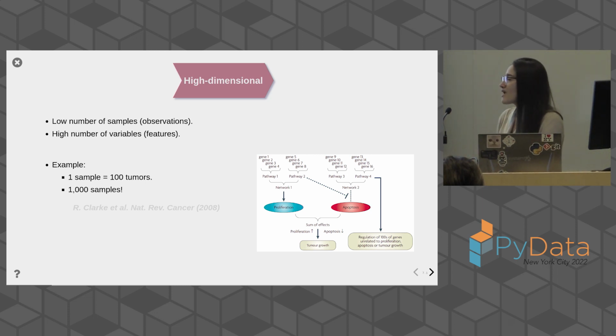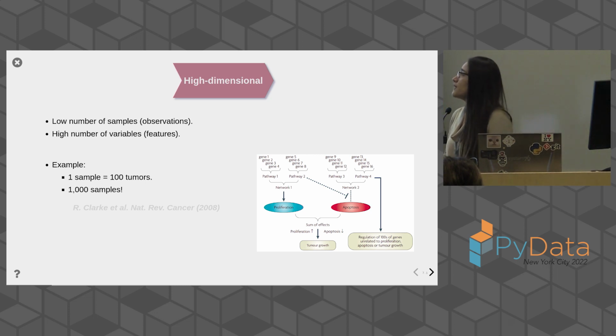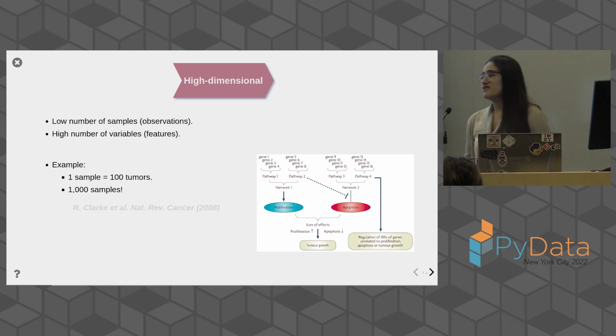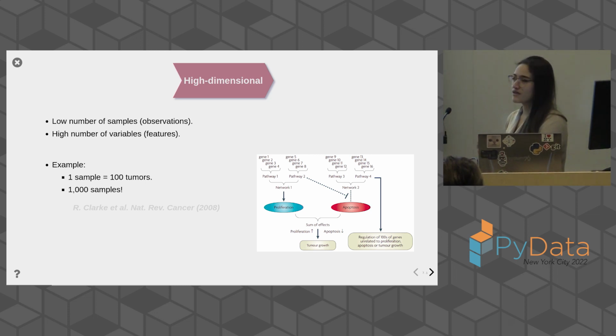And I don't work in genomics particularly. I deeply admire people that work in genomics because I think it's a very challenging problem that they face in that particular research field. But I would like to bring up an example from Nature Reviews Cancer 2008, where essentially they have, in only one sample, 100 different tumors, but they are working with 1,000 samples.